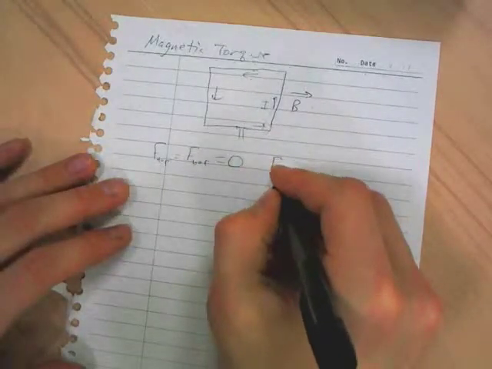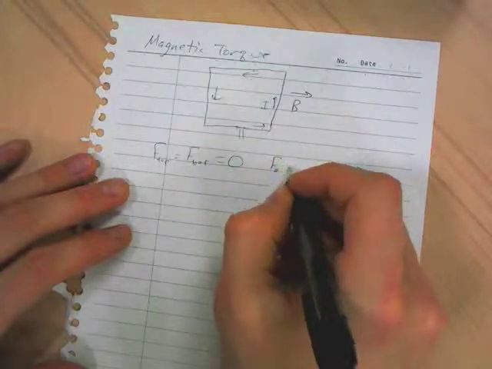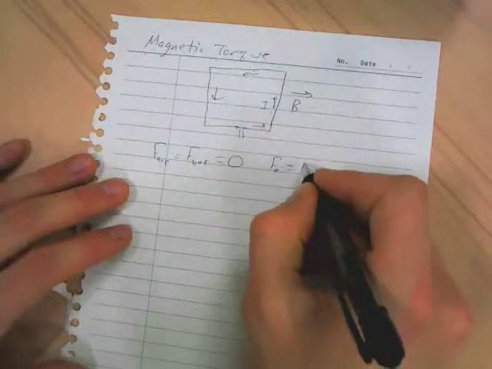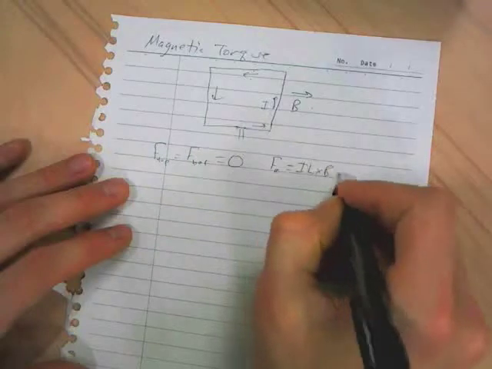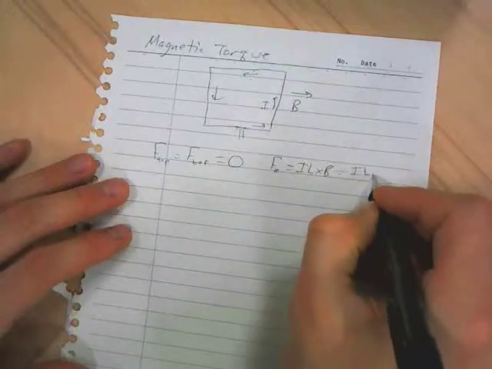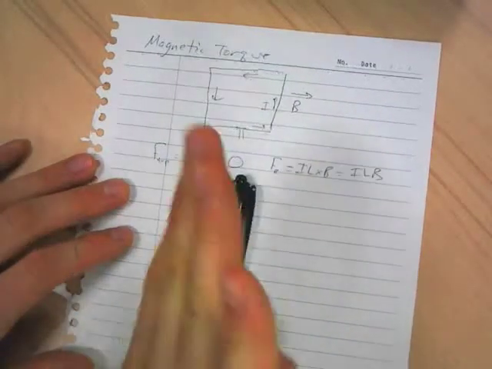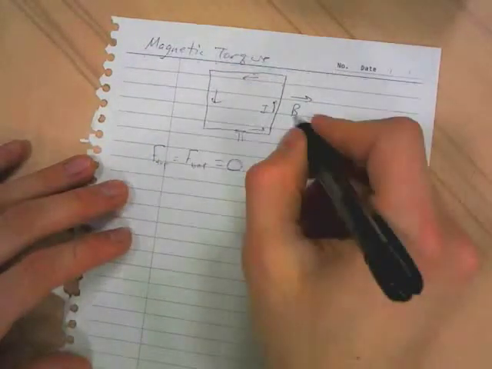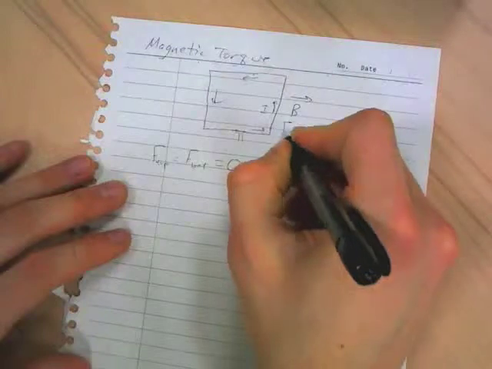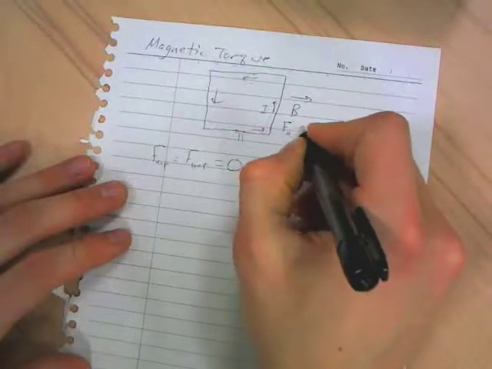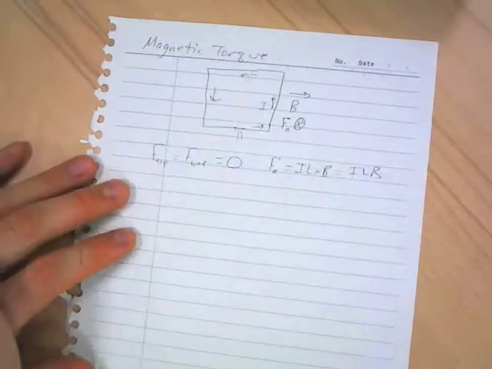The force on the right is equal to IL cross B, the magnitude of which is ILB because they're at right angles, and the direction is into the page.